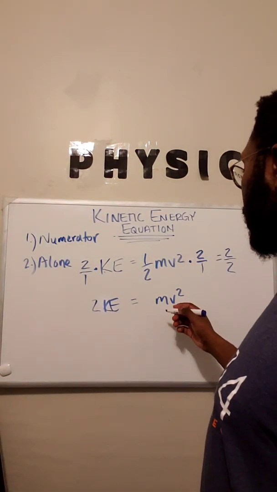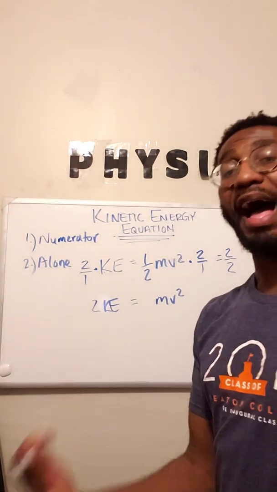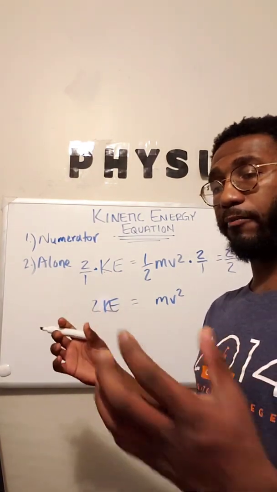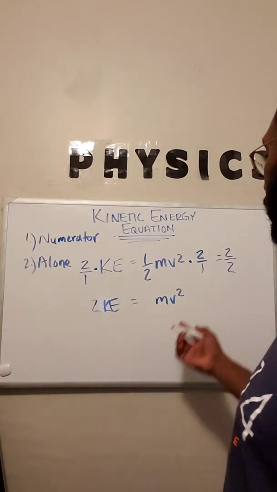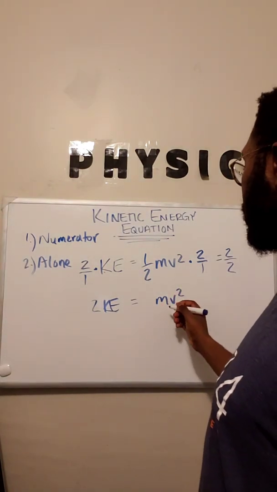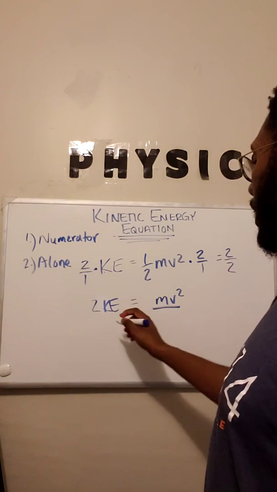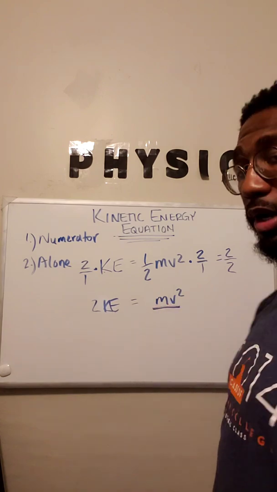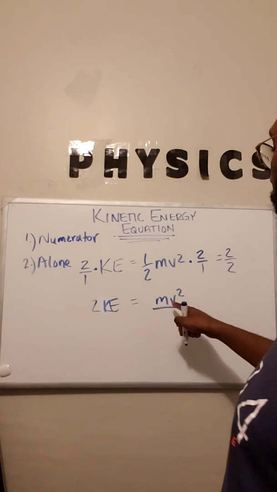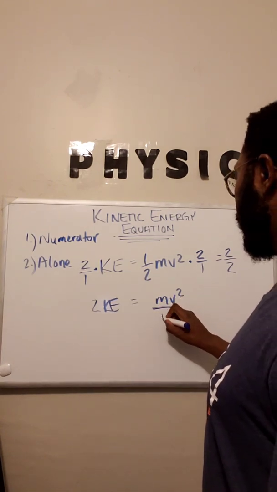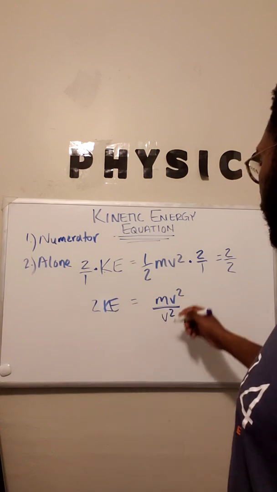So, assuming multiplication, I want to do the opposite operation in order to separate both of the variables. So if multiplication is happening, I want to do division. And now I need to figure out what I want to divide by. Well, the only thing being attached to m is v squared, so I'm going to divide by v squared.